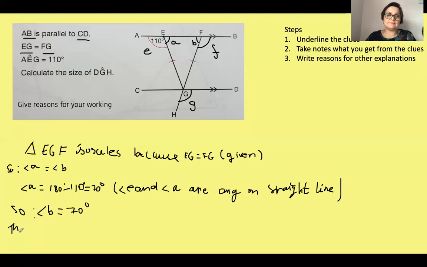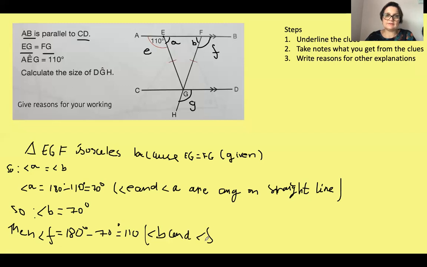Then angle F equals 180, take away 70, equals 110. And again, in brackets, angle B and angle F are angles on a straight line.